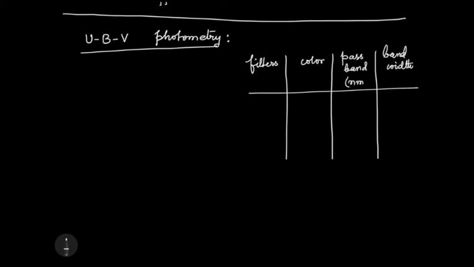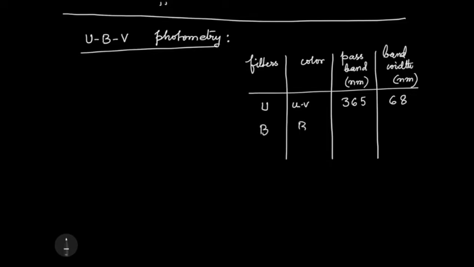Every wavelength will be written in nanometers. The first is ultraviolet, so I just write UV here. 365 nanometer is the passband of the filter. We'll see what it means. And 68 is the width.